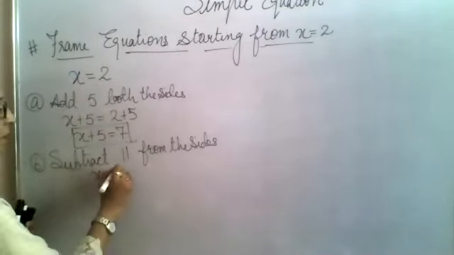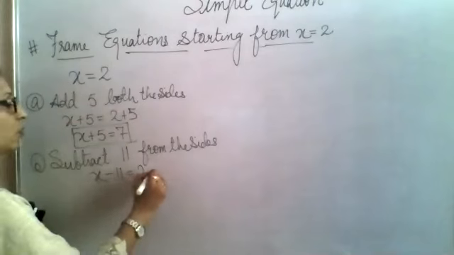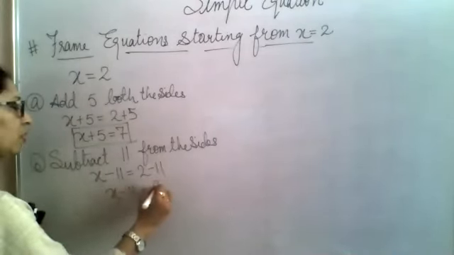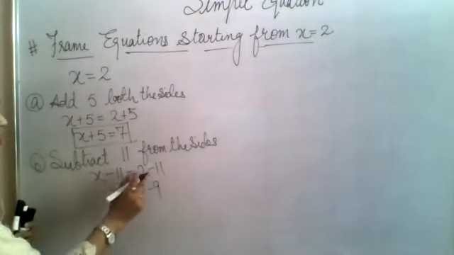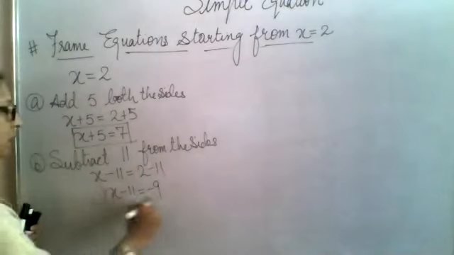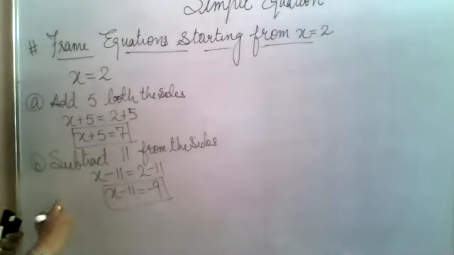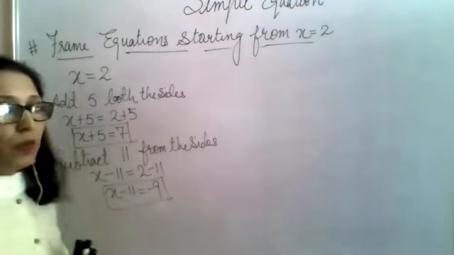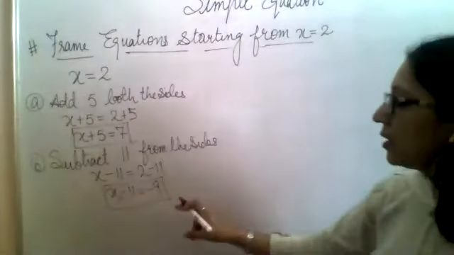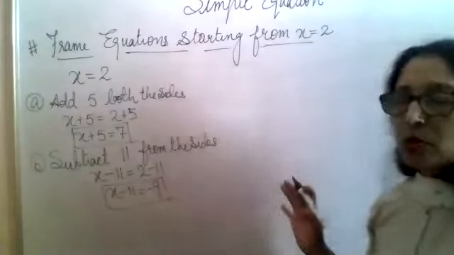So x minus 11, 2 minus 11. Different signs, subtraction, the greater number has minus. So minus 11 minus 2 is 9. So this is your different equation. And when you solve, minus 11 will go to the other side and become plus, and minus 9 plus 11 is 2 only.